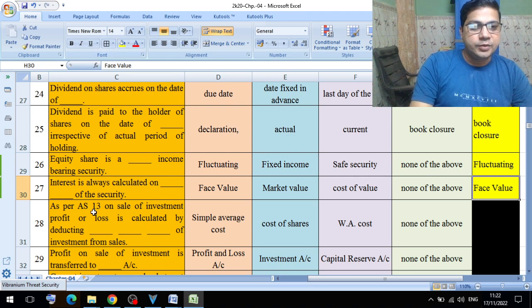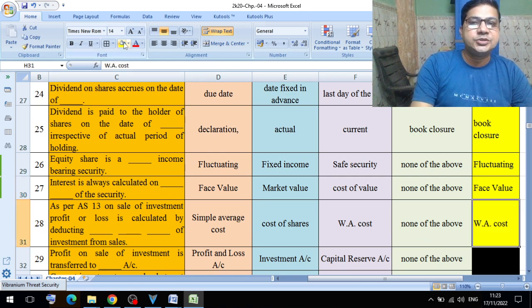As per Accounting Standard 13, on sale of investment, profit or loss is calculated by deducting dash of the investment from sales. So it is the weighted average cost.